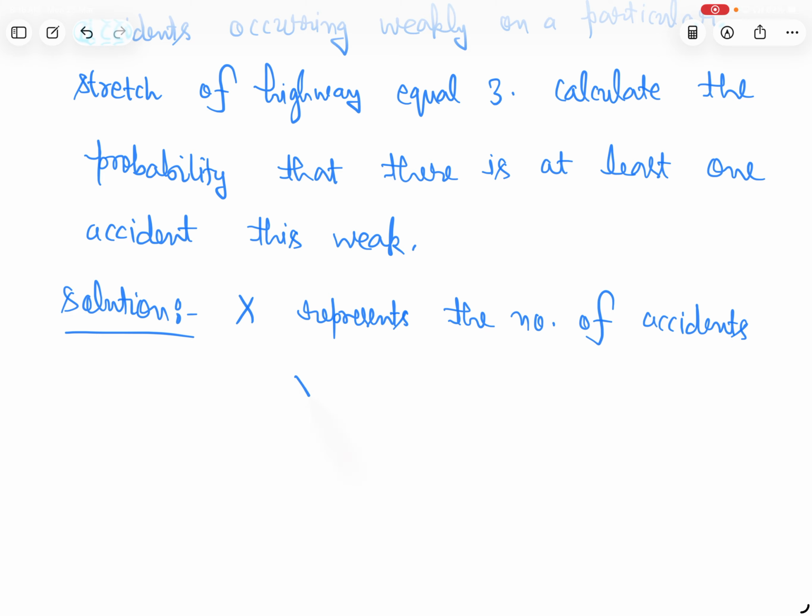Okay, X is actually Poisson distributed with alpha equal to 3. The expected value is also known as the mean value. So alpha is actually 3 here. Okay. So what is this value?